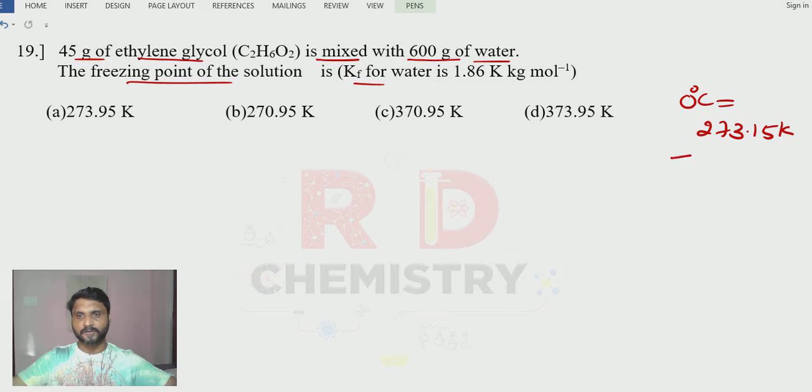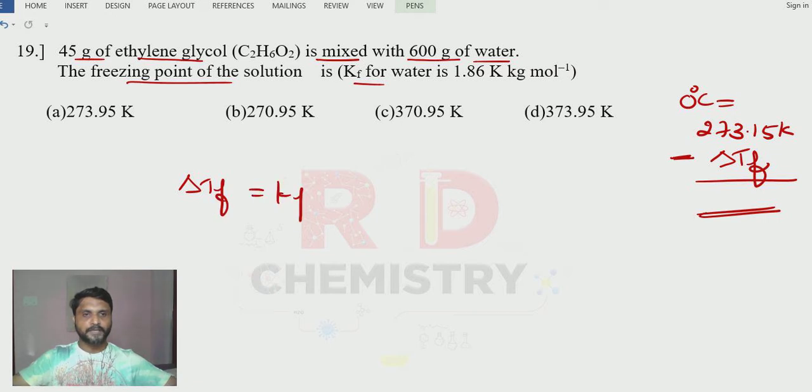For that, what you need to do is deduct delta Tf, the depression of freezing point, from this number. That will be the answer. So how to calculate delta Tf? Delta Tf is equal to Kf into 1000 into W2 divided by W1 into molar mass M2.